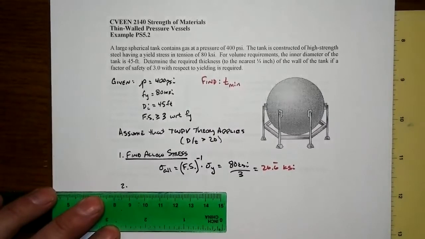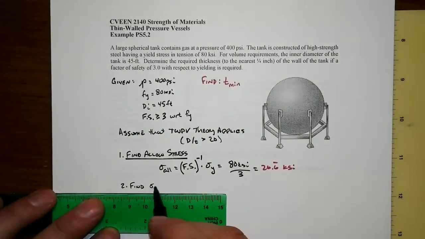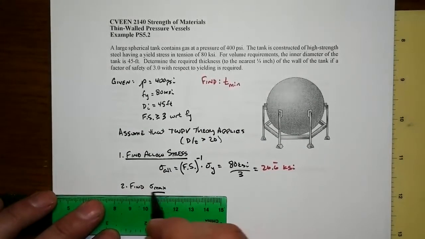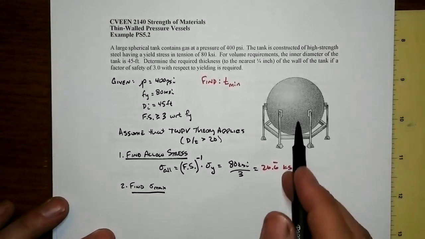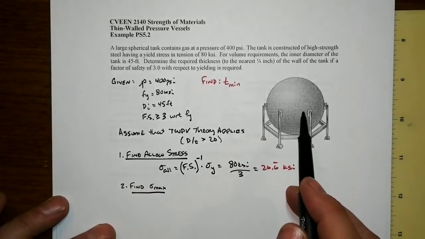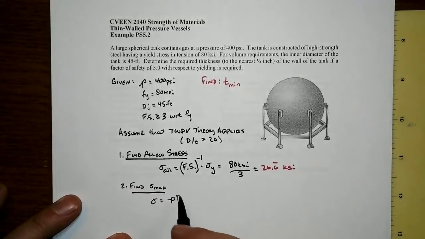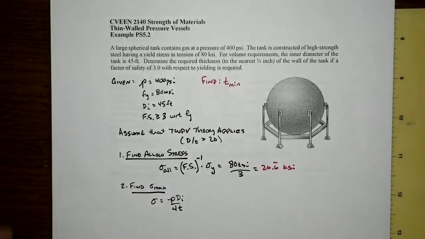All right, so let's find then our sigma max. It's a thin wall pressure vessel, we assume, and it is a spherical one. So that means our basic model is sigma equals p d_i over 4t.